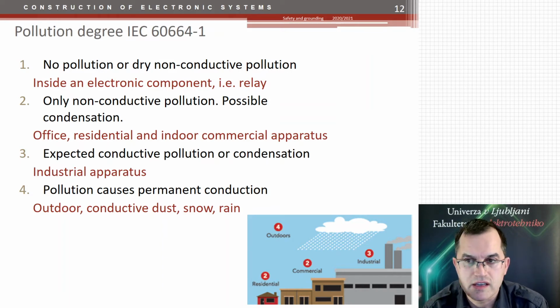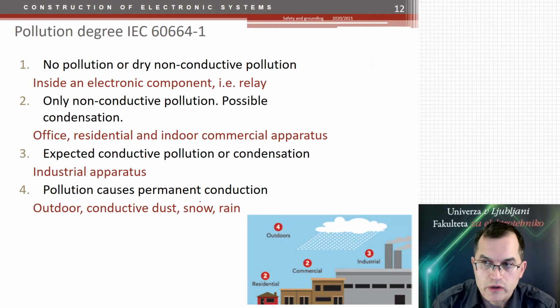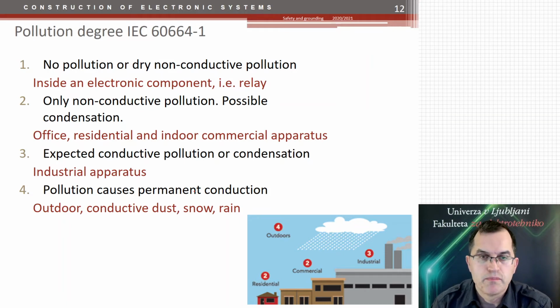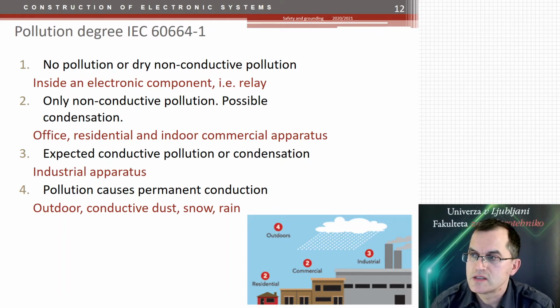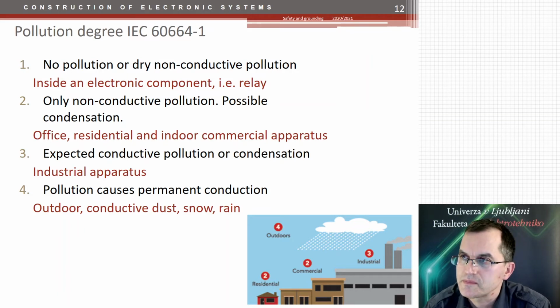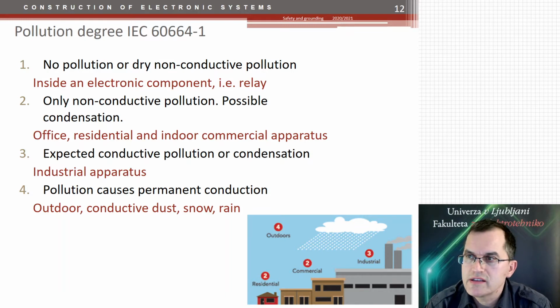So condensation or some spilling of water or any other solvents could induce conductive pollution. The fourth level is outdoor devices, where permanent conduction can be caused by water spills, rain, dust, snow, and so on. So these are the pollution degrees, and you have to choose which pollution degree your device refers to according to its use.